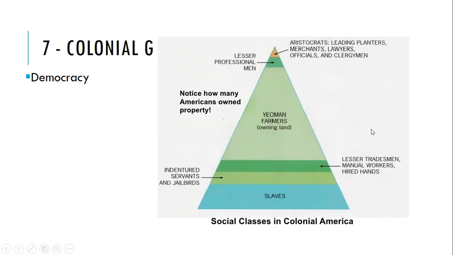Although all colonies had property requirements, there was a significant number of small landowning farmers who could vote and participate in politics, especially in places like New England and Pennsylvania. In the South, a lot of these yeoman farmers would not hit the property requirement, but a significant portion of white American men could.